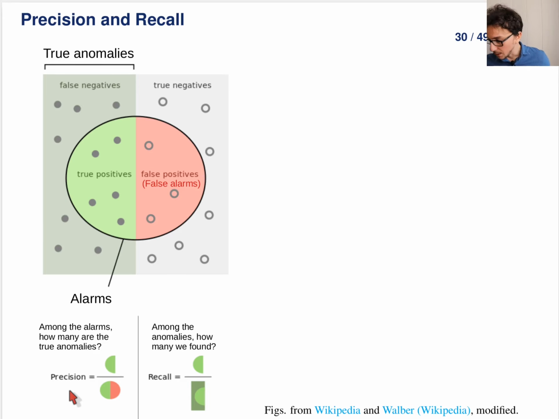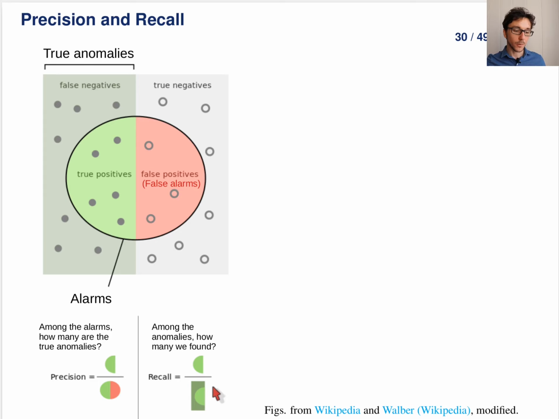And even worse, if you receive too many imprecise, wrong, false alarms, you will start to ignore your detector. At the end you will not pay attention to it, because most of the time it was wrong and it made you waste your time.